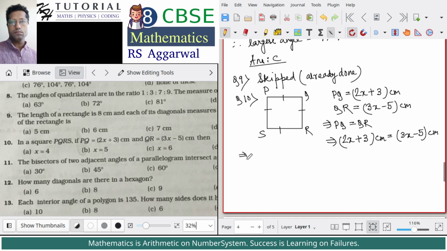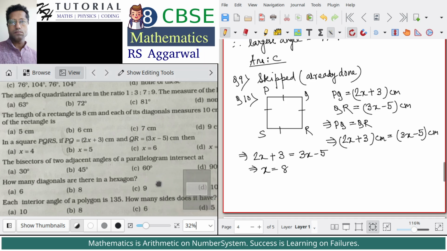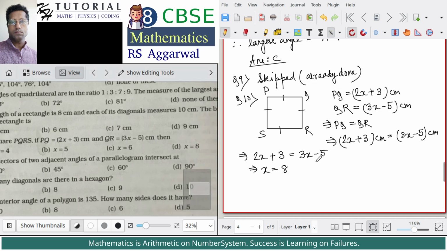If we ignore the unit, we will have 2x plus 3 is equal to 3x minus 5. If we solve for x, we will have x is equal to 8. So the correct choice is D. D is the correct choice.